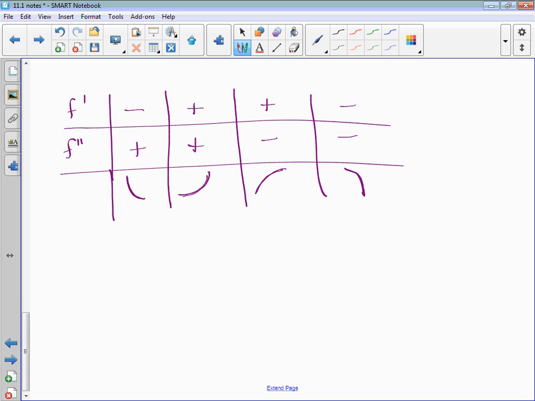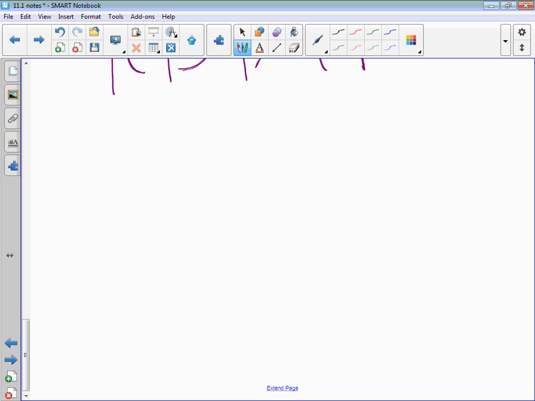All right, so let's try another one. I don't know that we're actually on example 2, but we're going to say we are. All right, f of x equals 2x cubed minus 3x squared minus 12x plus 8. All the things I want you to tell me about f of x.